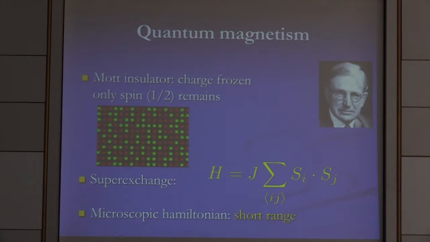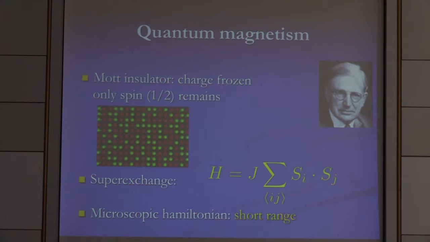We make models like the Hubbard model or whatever, but these are really caricatures of reality. When we deal with a Mott insulator, when we deal with spins, usually these exchanges are relatively short range. There are relatively few of them, so we can usually determine the Hamiltonian very precisely.